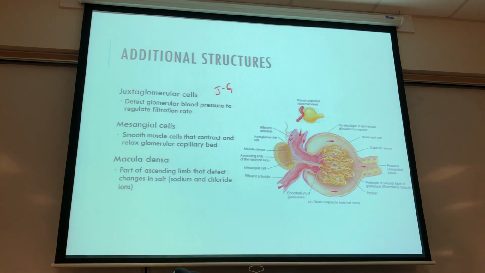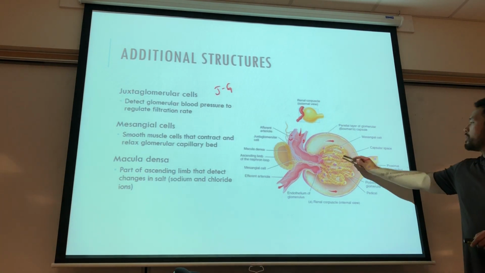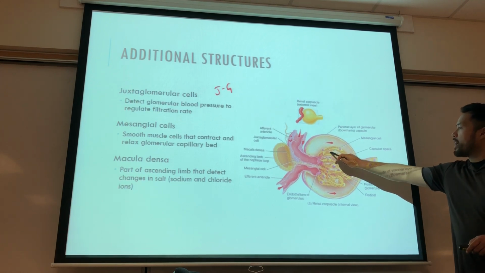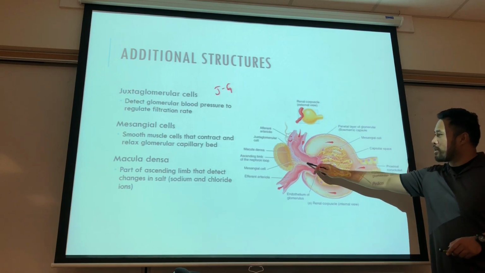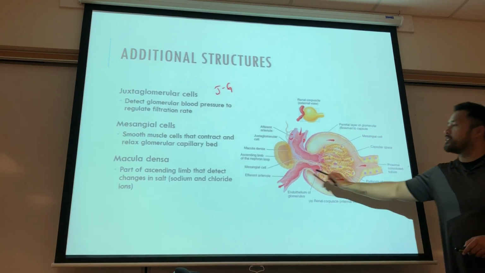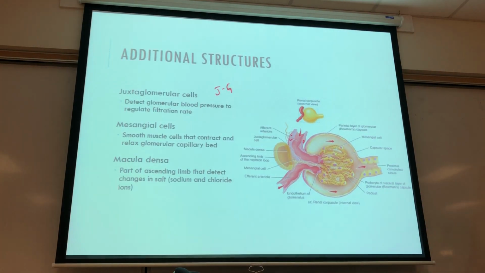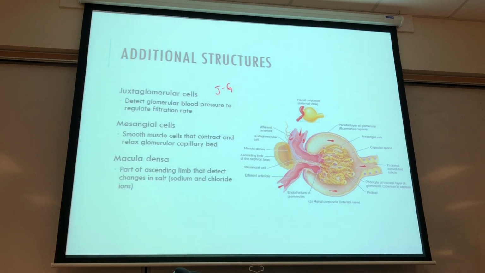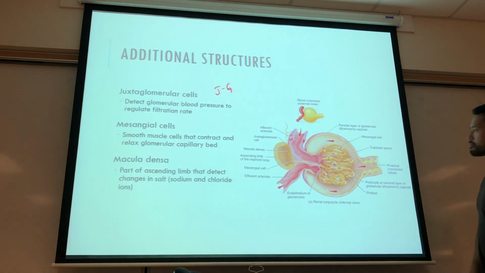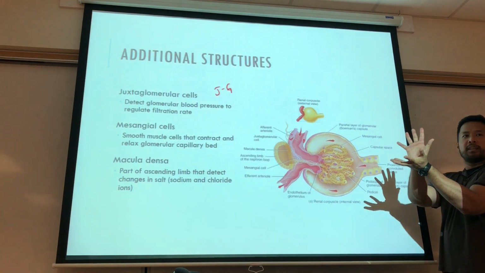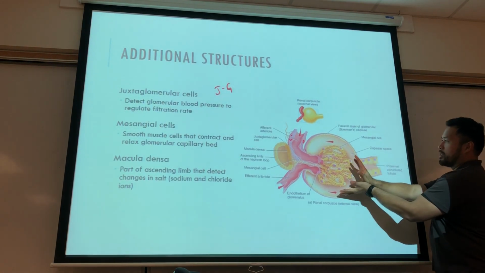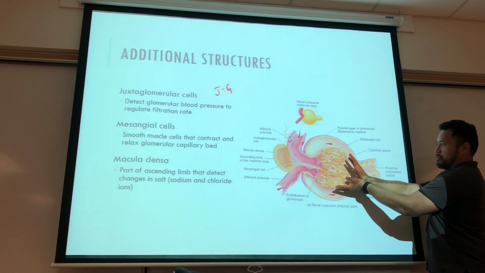Mesangial cells are present in between the glomerular capillaries and right before the capillaries. There are two different types of mesangial cells, but for the most part, they work the same way. Think of them as a net. You've got the afferent arteriole, and then all these capillaries present within the glomerular cup, or within the renal corpuscle.